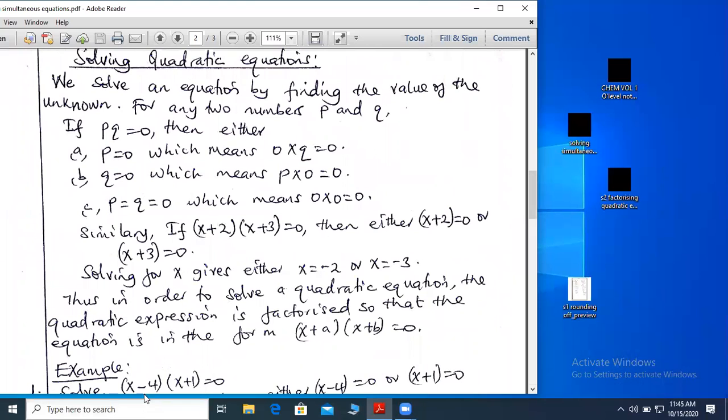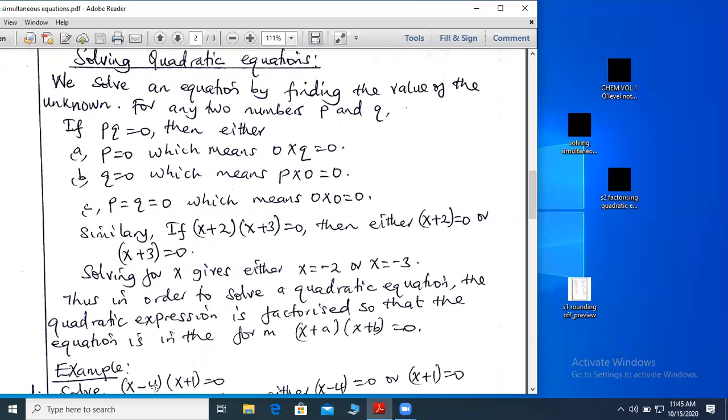I have x minus 4 into x plus 1. Now, I've already told you, if it is equal to 0, it means one of these numbers is 0. That's why you have two situations, because any number times 0 is 0.